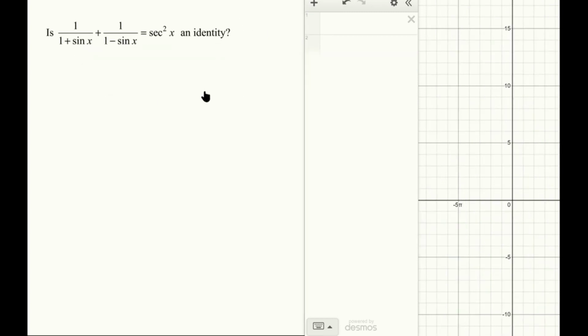Okay, so in this last example, we are going to be asking the question. We're not claiming that this is an identity, we're asking whether it's an identity or not.